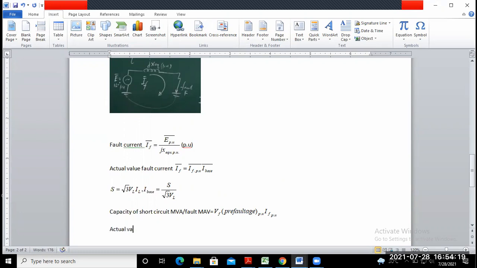Just apply the same method you used to calculate the actual value of fault current from the per unit fault current. Just apply the same formula. What is the actual value of short circuit MVA equal to?